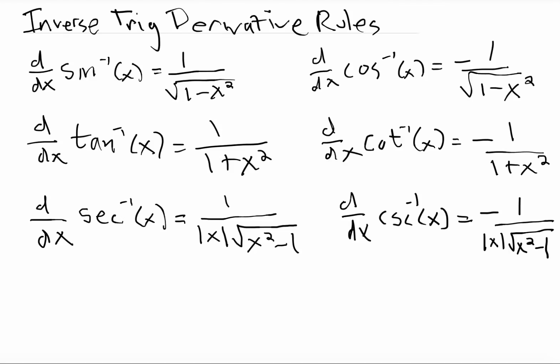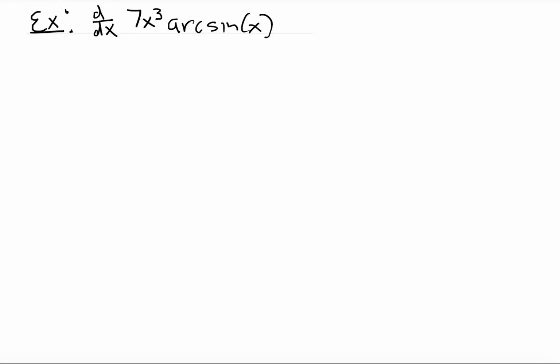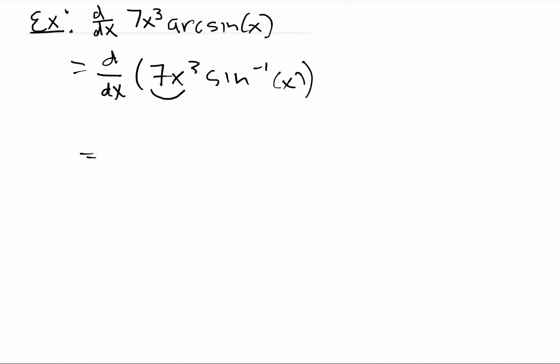So now that I'm saying that we can take these for granted, let's see if we can crank them out in a couple examples. For this first one, we're taking the derivative of 7x cubed times the arcsine of x. Do not forget, arcsine and sine inverse are the exact same thing. So we're going to need product rule for this because technically there is a product here.